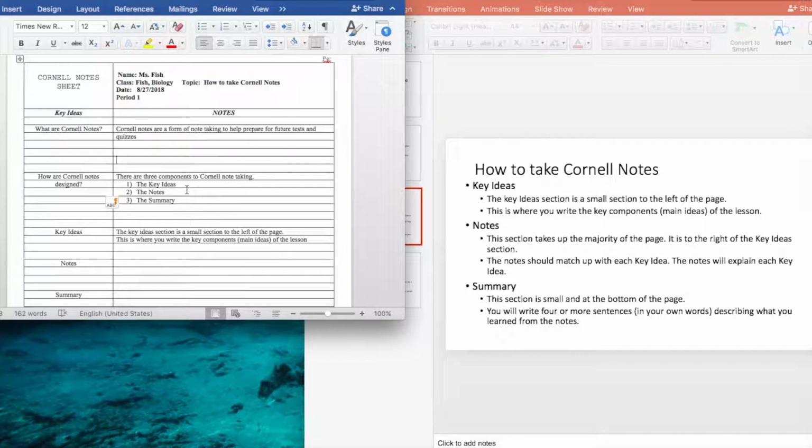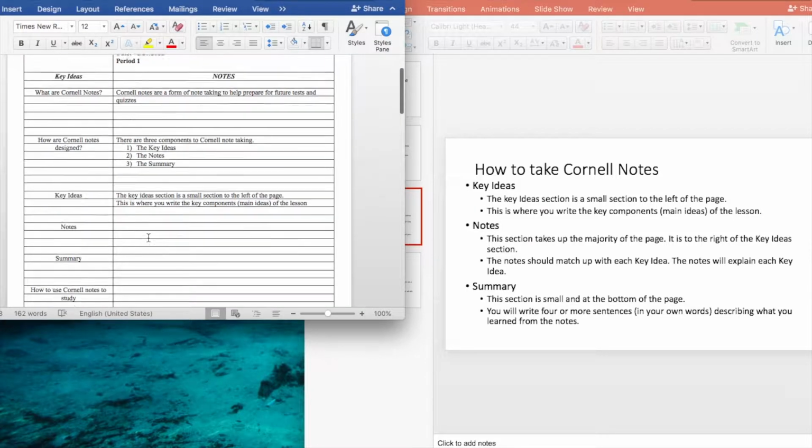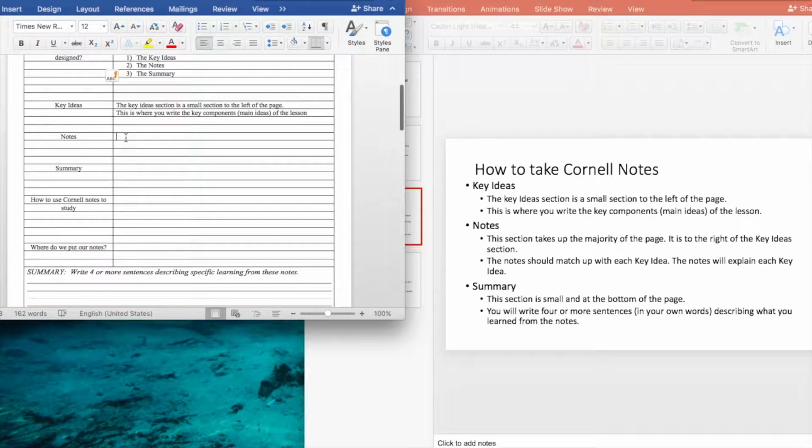This way, when I'm reading through things, I'm like, oh, I need information on the key ideas section. Here's the key ideas section right here. I can look over and read about it. Okay, so it's important that they match. So it says this section takes up the majority of the page. It is to the right of the key ideas section.